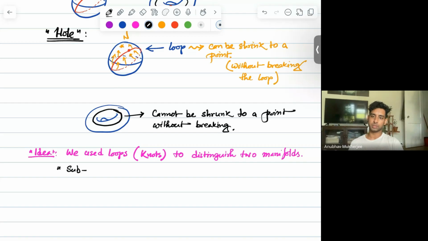If it's a 3-dimensional manifold, you can think of 1 and 2-dimensional manifolds sitting inside. So submanifolds inside manifolds help us to characterize. Okay. All right. So far, does anybody have any question?